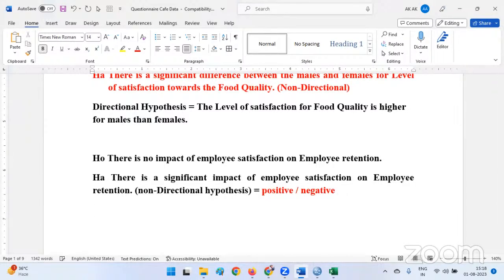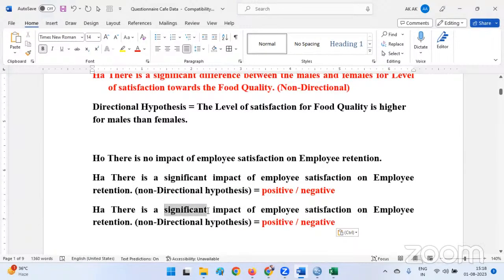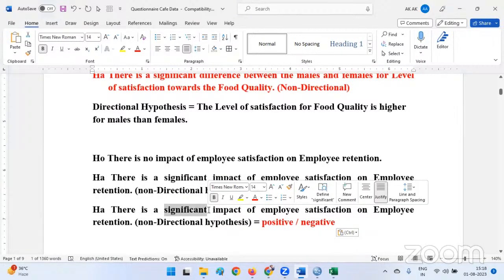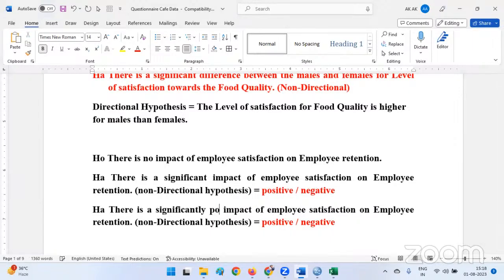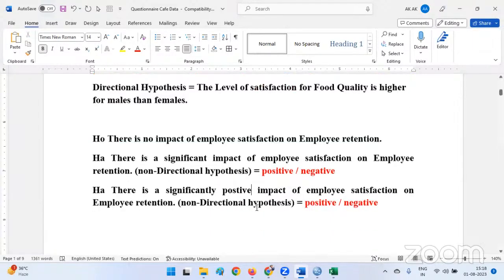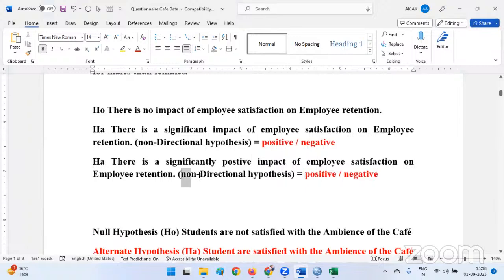So what I'll do, this is also denoted with HA. Then I will make a hypothesis: there is a significantly positive impact of employee satisfaction on employee retention, and this is a directional hypothesis.